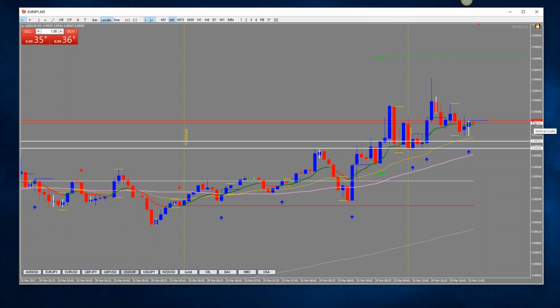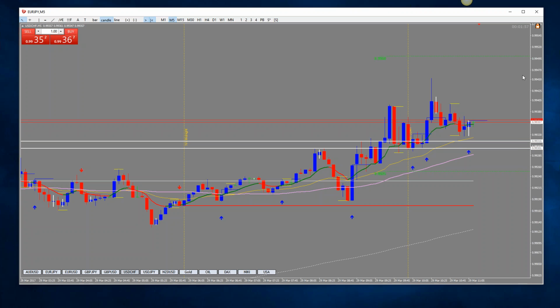I like this trade. The only downside is that I'm sitting on the 200, right on the 200 on the daily. It's actually below it, and it's kind of hit that mark.